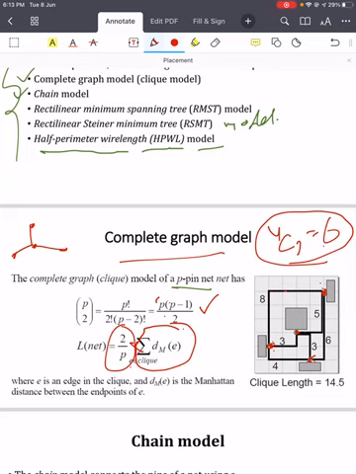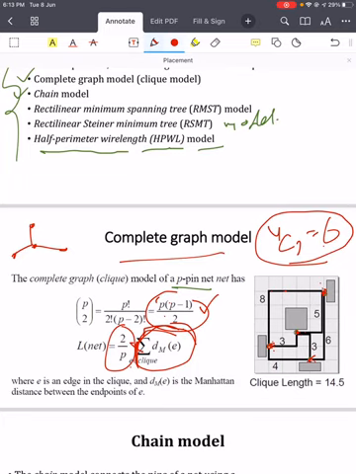Because in the complete graph model, p by 2 extra terms are multiplied in, so there is some redundancy already in the total calculated wire length.